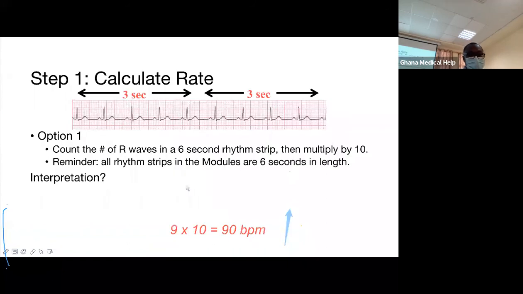For the rate, there are 2 options that have been put here, but actually we can get 3 options. The best way to get the rate is to use either the 10 second rhythm strip or the 6 second rhythm strip. What do we mean by that? We said every small box, the very tiny one, is 0.04 seconds.